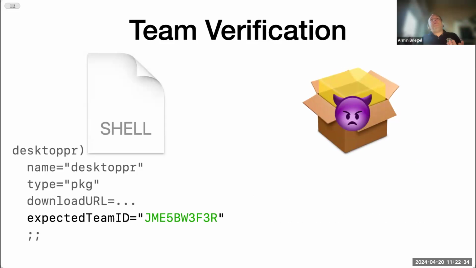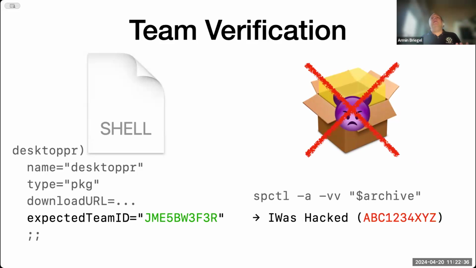But if somebody were to hijack my website and inject a malicious piece of software, they probably wouldn't also have stolen the developer certificate. They would have used a stolen or otherwise randomly generated developer certificate. And that would be different from the one that we would expect because we have a limited number of applications. We know which ones to expect.